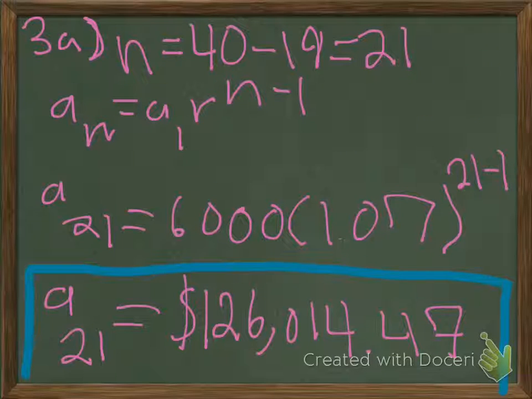3a. How much money do you have in your account on your 40th birthday? So, what I did is you have to do n equals 40 minus 19, which equals 21, because you started at the age of 19. So, an equals a1 r to the n minus 1, which is the geometric sequence. So, therefore, you put a21 equals 6,000 parentheses 1.07 parentheses 21 minus 1.